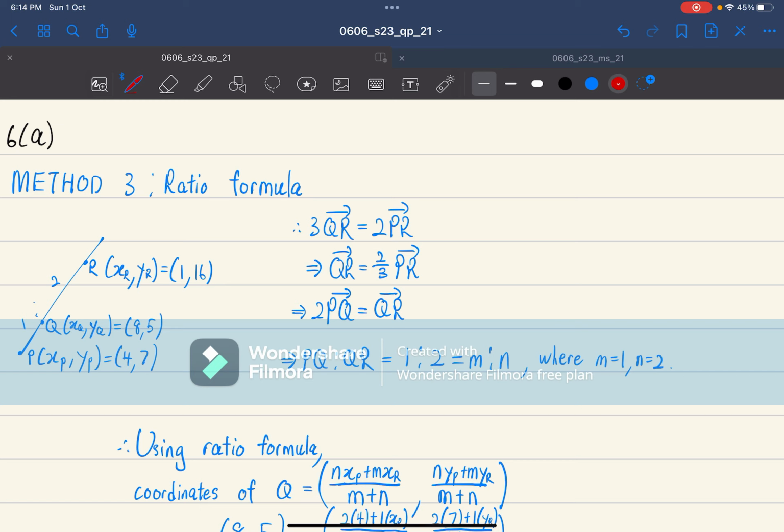It's really hard for me to explain why it's like this, like 2 PQ to QR, because you have to be able to visualize it. So maybe just stare at it longer and just think about it, and I'm sure you'll figure it out.